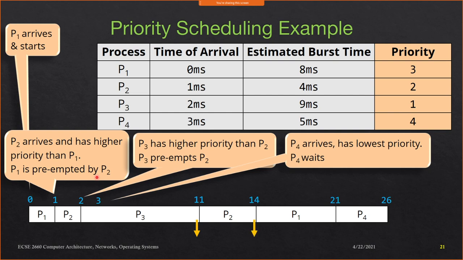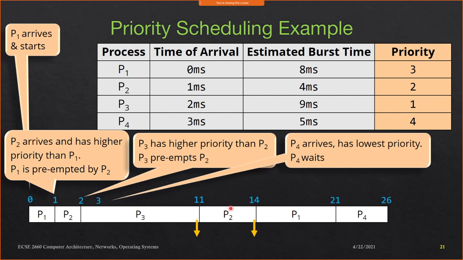After which, we look for the next highest priority process, which is P2. We had already worked for 1 millisecond, so we were left with only 3 milliseconds. At the 14 milliseconds mark, P2 was able to finish. And then we went looking for the next highest priority.